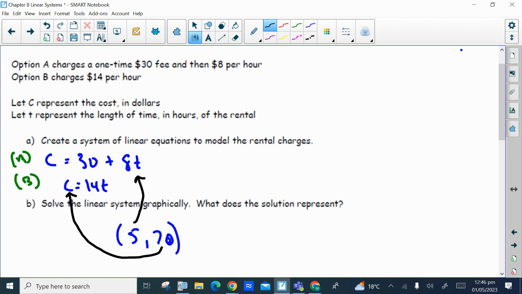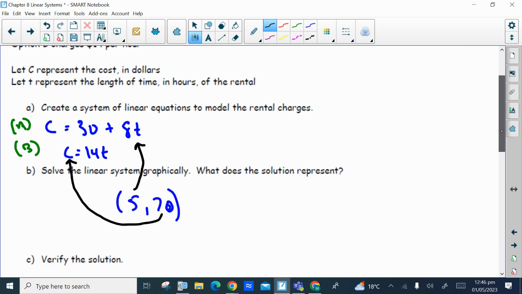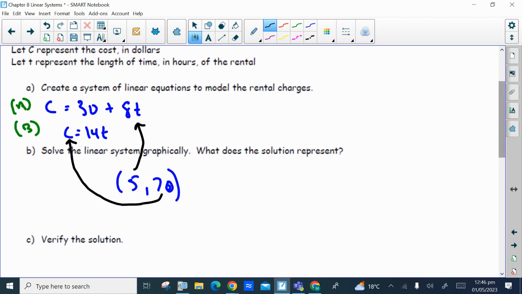It's the one that is isolated by itself, which is c. The total cost that you have to pay will depend on how many hours you rent the equipment. Cost depends on the time that you rent the equipment. So time is independent. That always comes first in a table of values. It always comes first in a set of ordered pairs. Cost is the dependent variable. It always comes second. All right, so what does this solution represent?